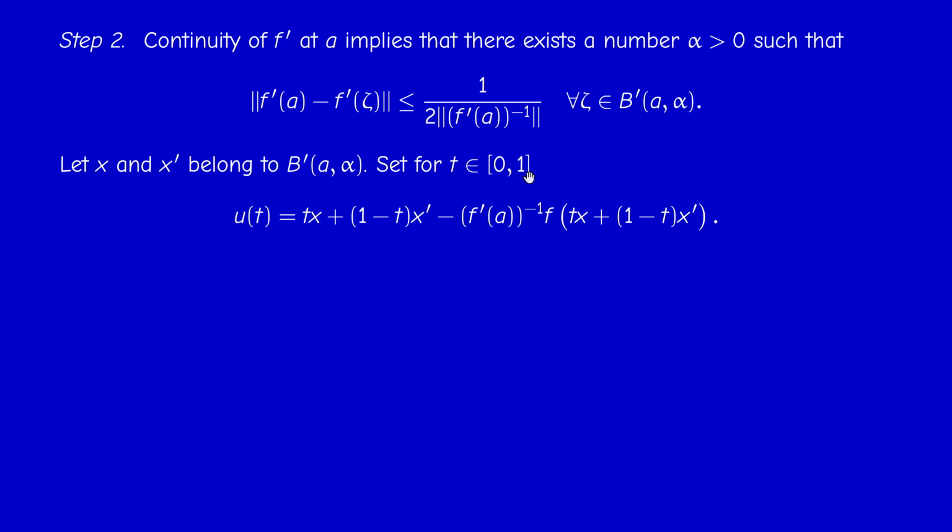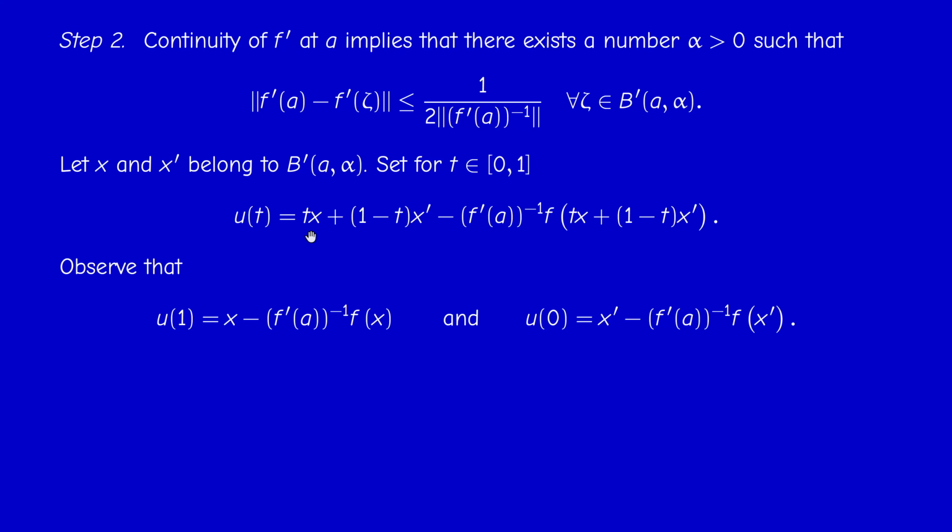And for t in 0, 1, consider this function from 0, 1 to the space E, given by this convex combination of x and x prime minus the inverse of the derivative at a in the direction f of this convex combination. This makes sense because this ball is convex, so this convex combination is in the ball as well. This closed ball is contained in U.